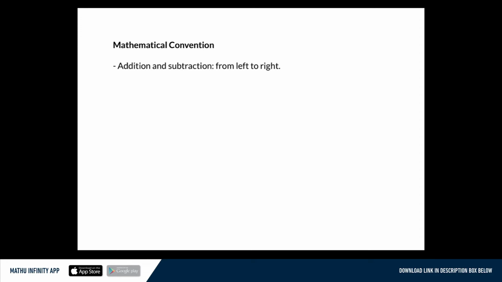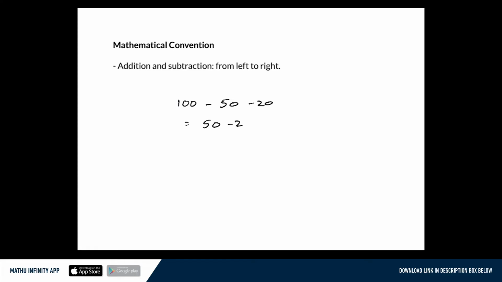So if you're going to get any addition or subtraction in an expression, whether it is that example that we used, 100 minus 50 minus 20, you've got to go from left to right. So you're going to go 100 minus 50, that would give me 50.